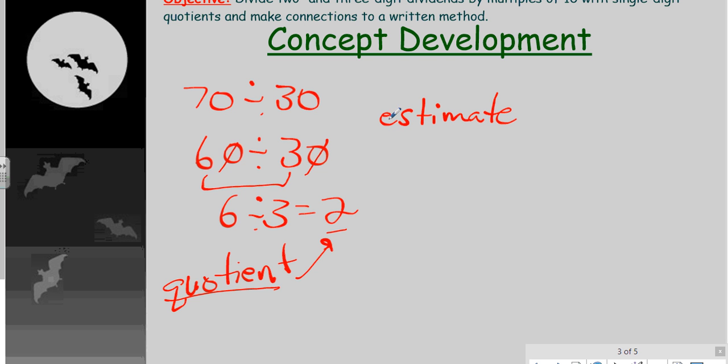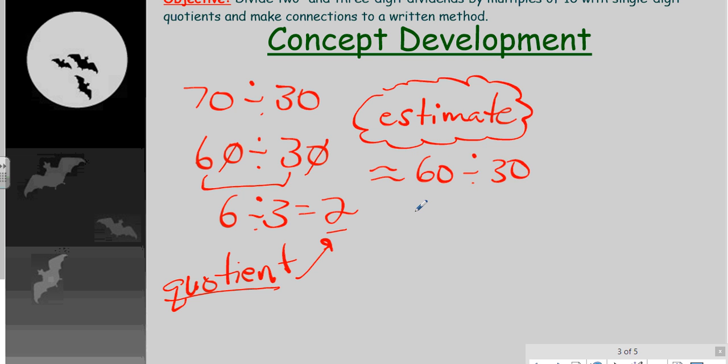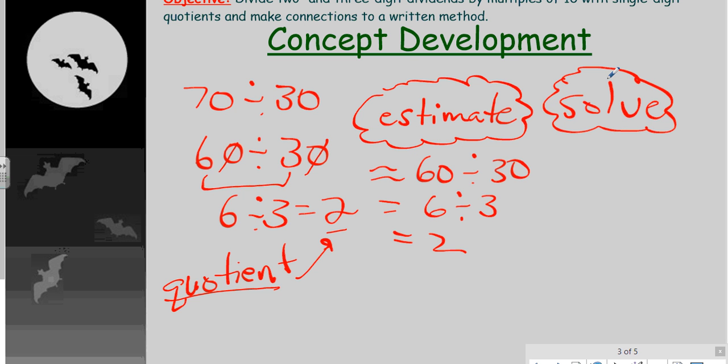We did an estimate, and let's just put this guy in a bubble. I'll call him a cloud. So we're just saying basically that 60 divided by 30 is really 6 divided by 3, which is 2. But now we're going to actually solve it. So I'll put this in a cloud. I think I'm just going to call it bubble.